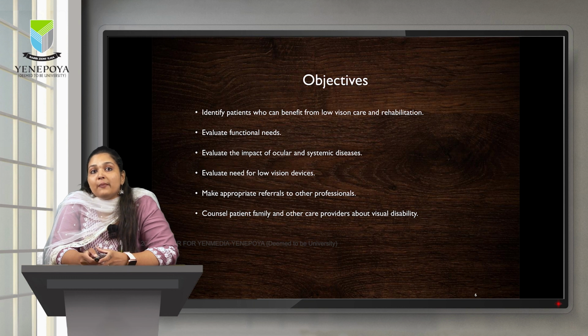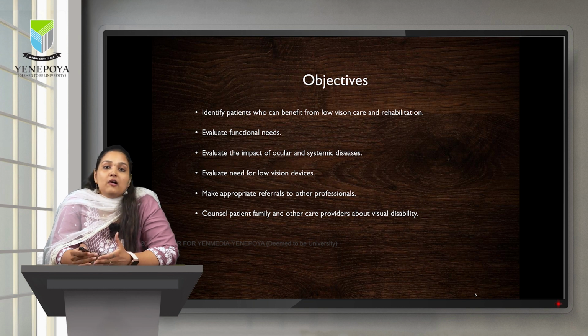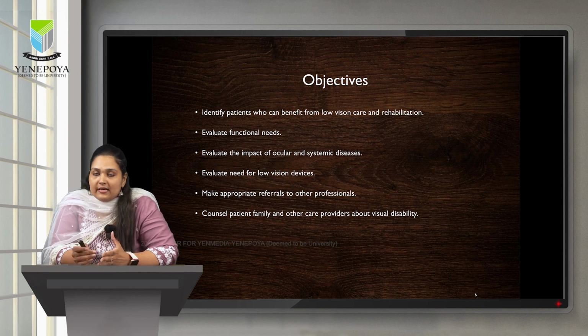Then we should also make appropriate referrals to other professionals. For example, if my low vision patient comes to me and is already in a depressed state because his vision is less and he has come into the category of low vision, and he is not ready to be exposed to low vision devices, then I should refer the patient to the psychiatry department or a clinical psychologist for a session with the psychiatrist.